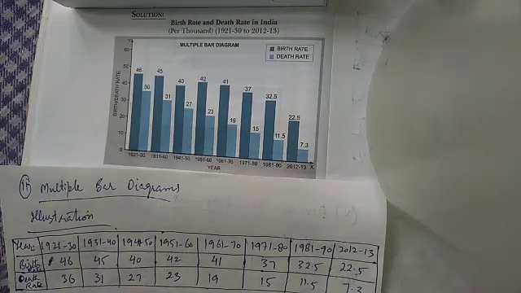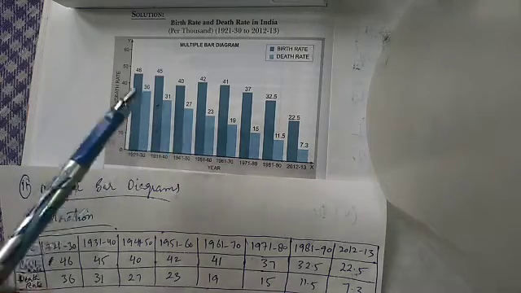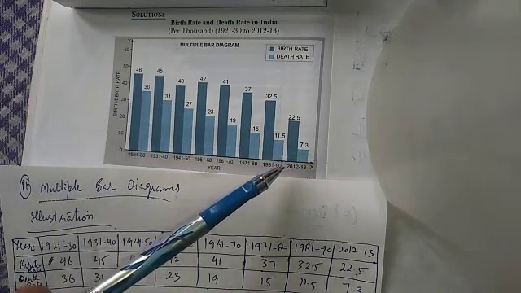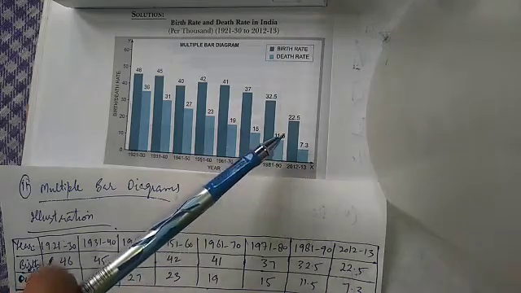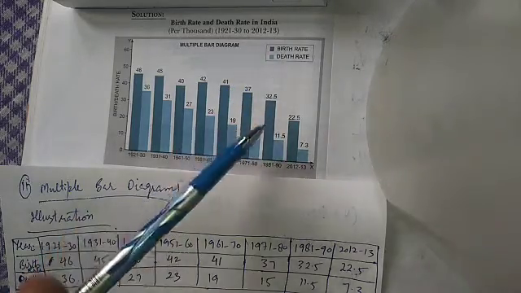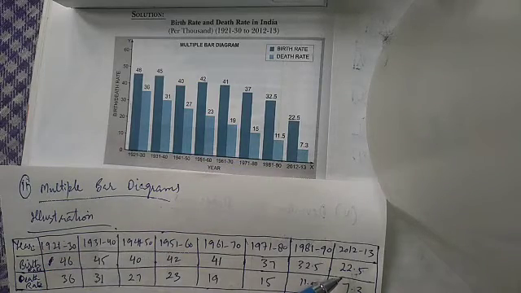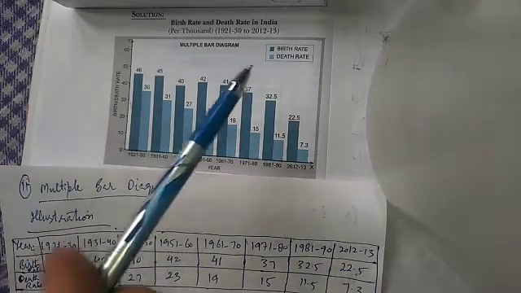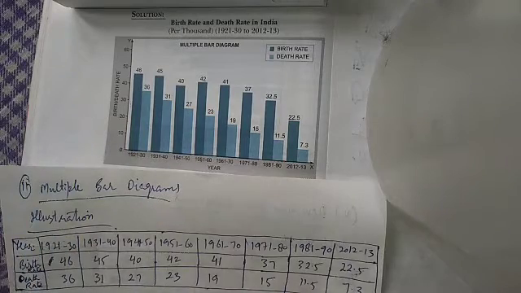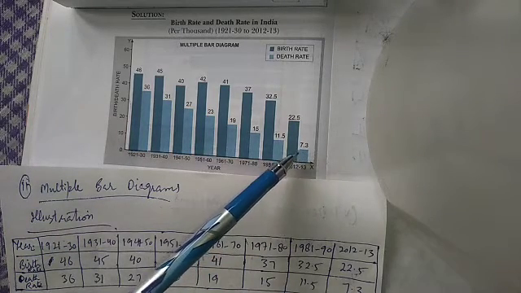Same is the case with others. If you see in 2012, the birth rate is 22.5 and death rate is 7.3. It's shown here in this bar diagram, right?